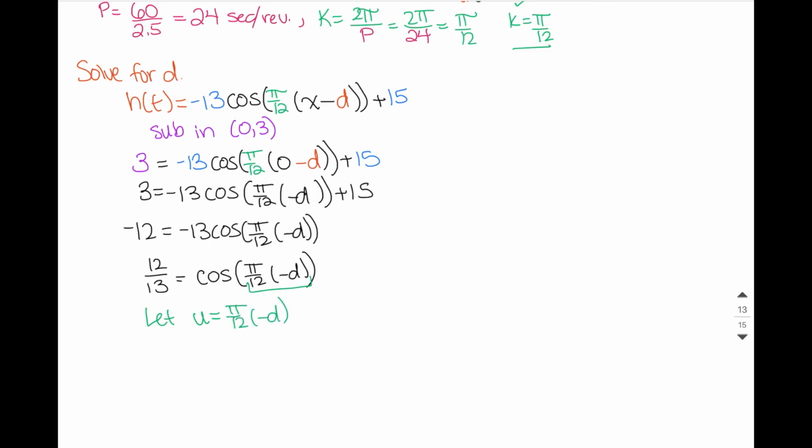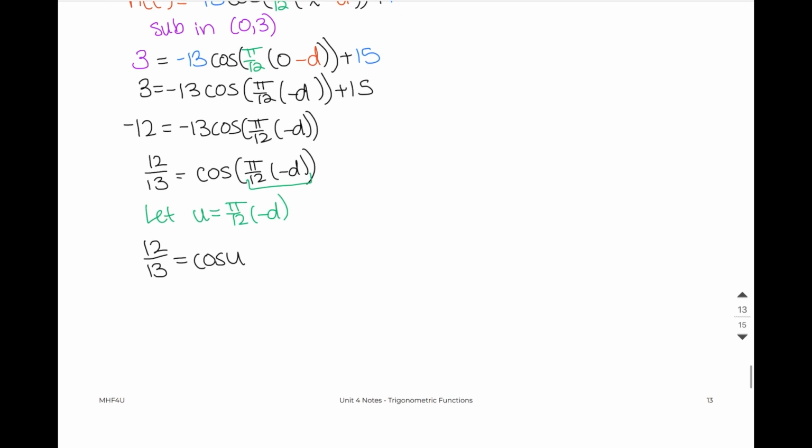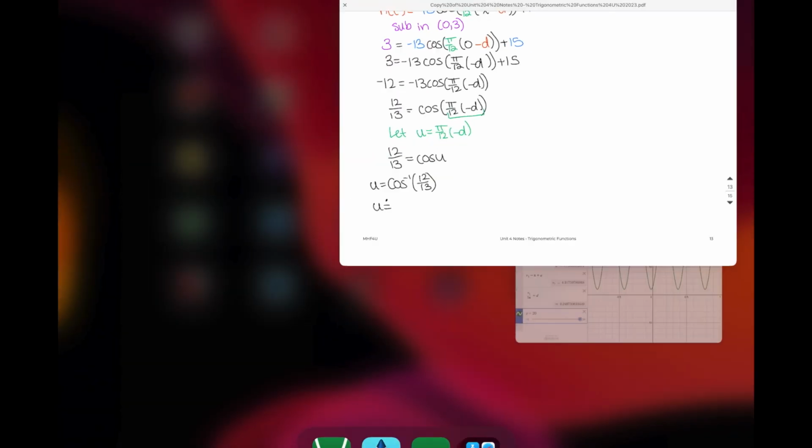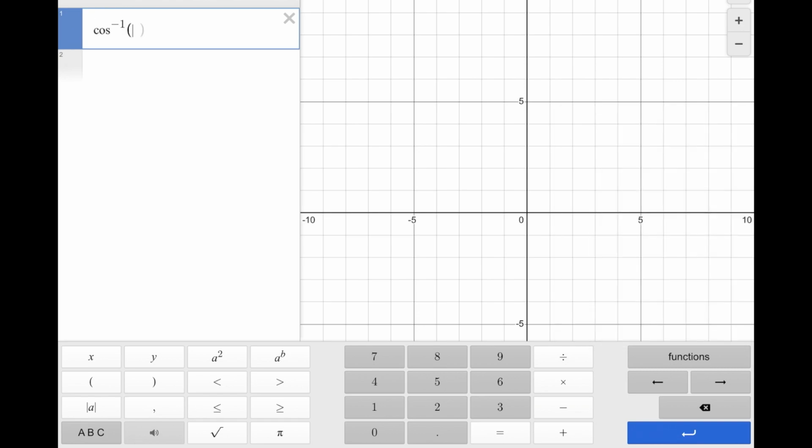Because once I do that, it's so much easier for me to deal with solving for the angle. So to get that u alone, I have to do the inverse cosine of, so we'll say u equals the inverse cosine of 12 over 13. So then u would equal approximately, I'm going to type in the inverse cosine of 12 over 13.